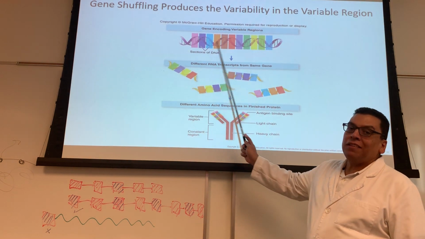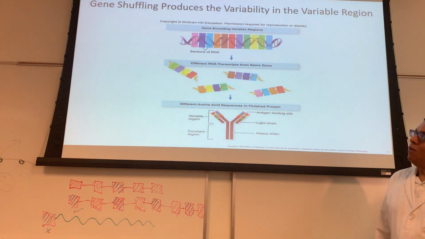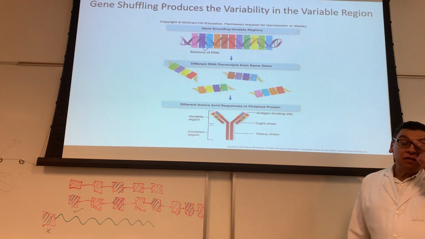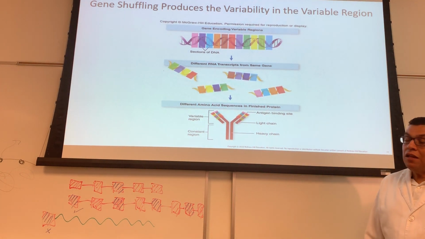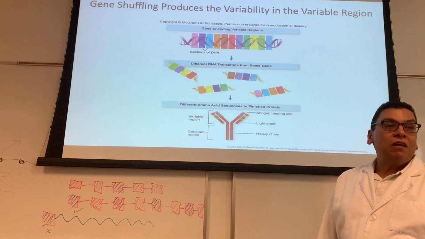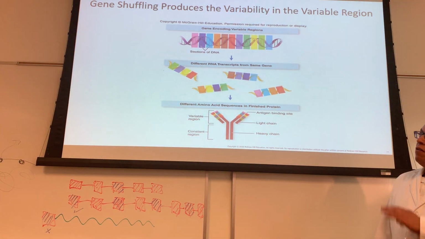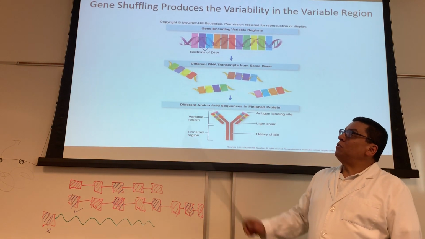It's the same thing. The variable region is produced through something called gene rearrangement. This is not meiosis, it's actually through mitosis, which is a weird thing here. You're getting gene rearrangement during cell division for this gene. So in some cases, this shuffle is produced.